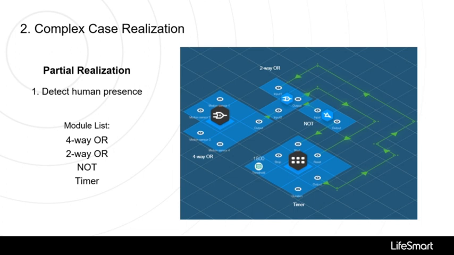In the beginning the output of the timer is also 0, so the result of the two-way OR is also 0. Because the output of the two-way OR is connected to the reset of the timer, a 0 signal will not trigger the reset.